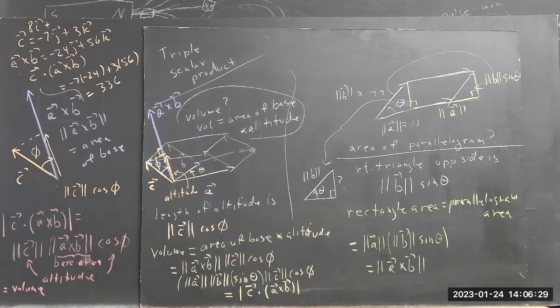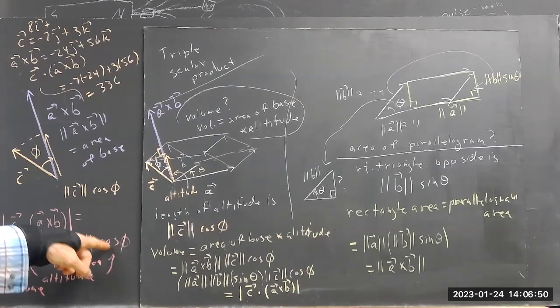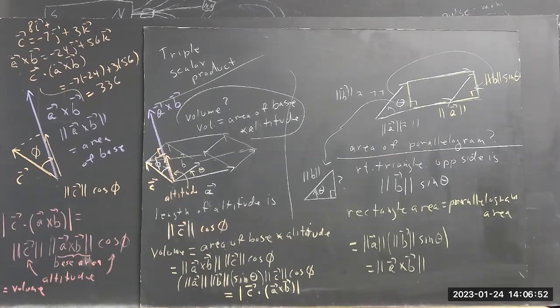Well, let's observe that magnitude of C cosine phi. Okay, I'll just skip to the chase. C dot A cross B is what? Magnitude of C times the magnitude of A cross B, just by definition of the dot product, times the cosine of the angle between, which is phi.